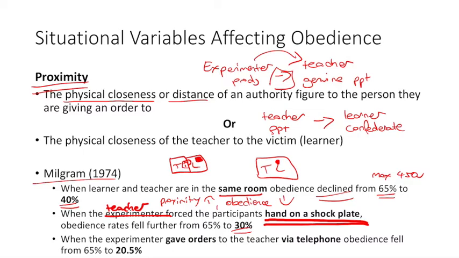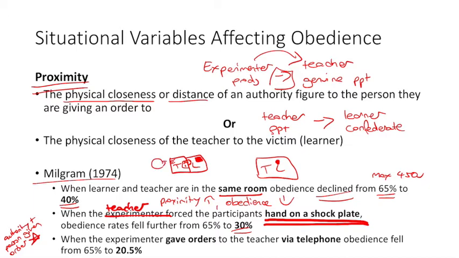And in yet another variation, here we're talking about the proximity between the authority figure and the person who they are giving orders to. In the original research, we had the experimenter also in the room here with the teacher, and they were giving verbal prods. You must go on, for example.